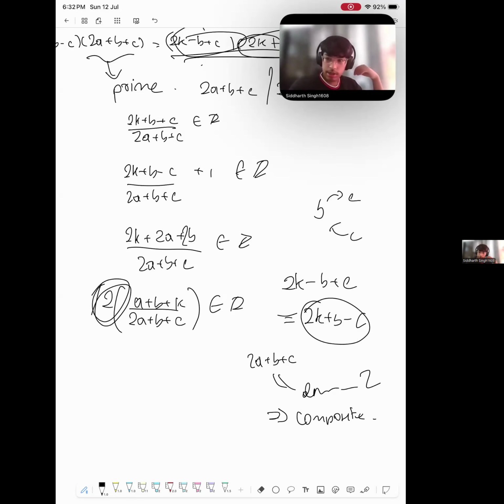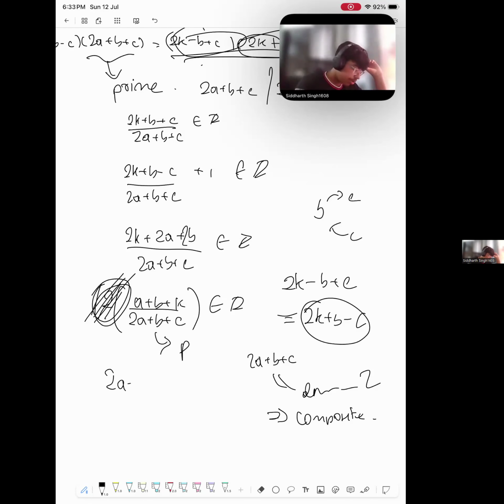Otherwise, if 2a plus b plus c is odd, then what do we have? This entire factor of 2 does not matter because it is coprime with 2a plus b plus c. And since it's coprime with 2a plus b plus c, no prime from here could possibly matter; this is basically an extra term in some sense.